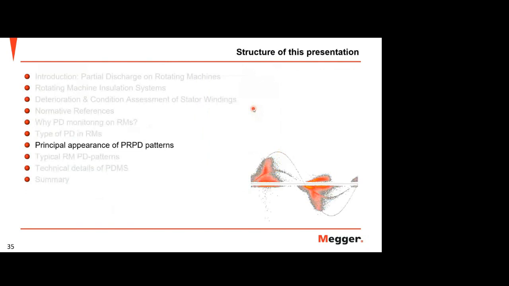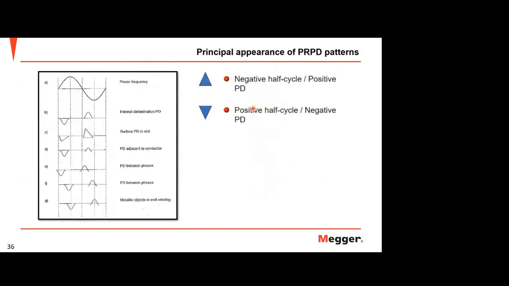So now this is the principal appearance of the PRPD pattern. Many people ask how to interpret and analyze when you get the partial discharge measurement. Actually, from some standards that I mentioned before, there are guides to define what type of PD it is, like surface PD or PD between phases, or other examples that I mentioned before.